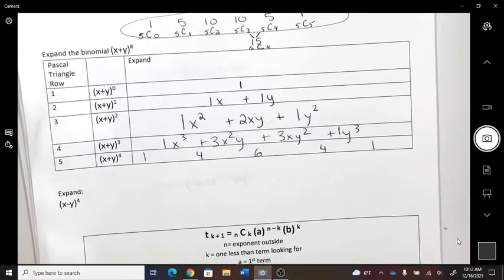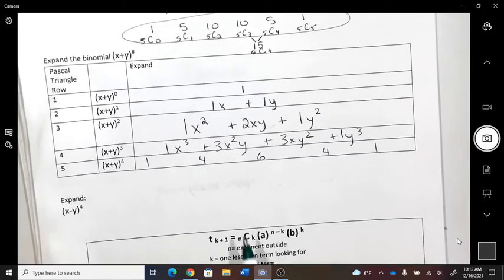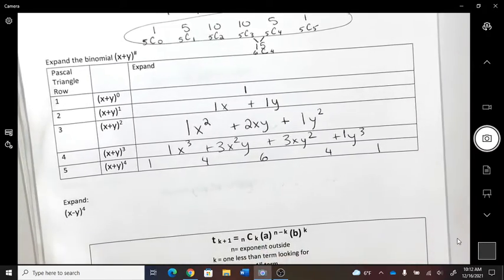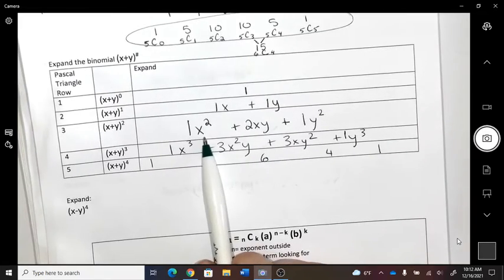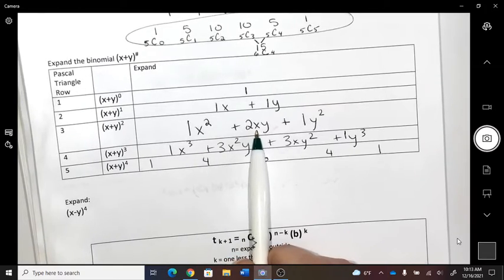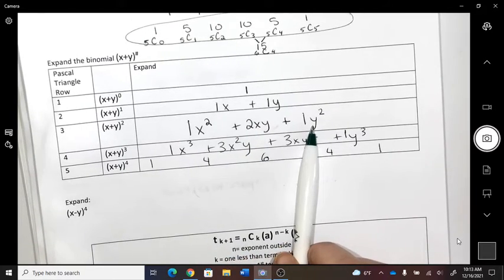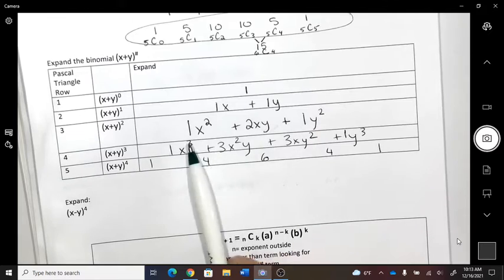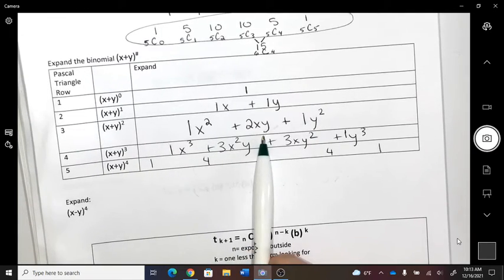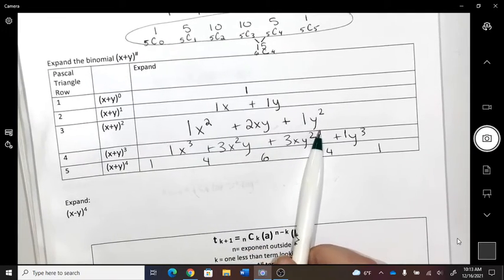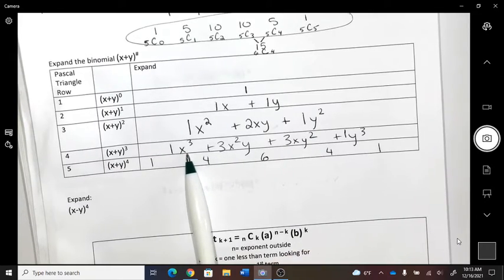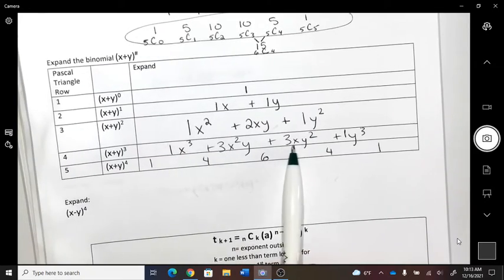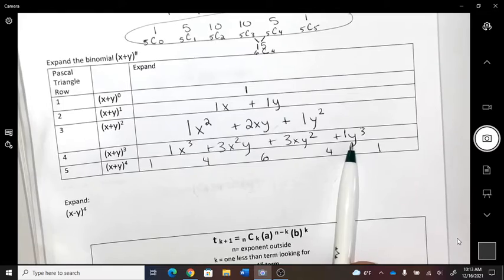Okay, do we notice anything about what's happening with our variables? There's a pattern to our variables. So here, if I look at this line, I went from x squared, x to the 1, no x's. No y's, y to the 1, y squared. Do you see? x cubed, x squared, x to the 1, no x.